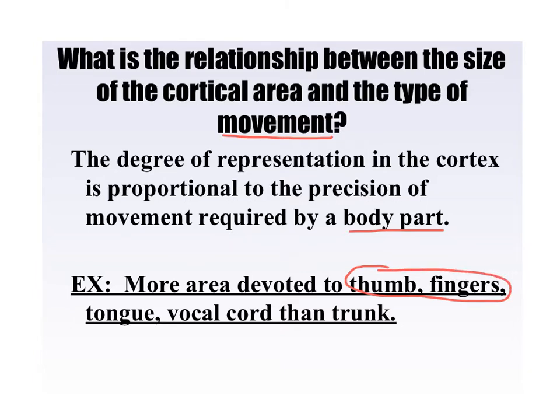It's going to be a large part of the primary motor cortex because these require precise movements. So as I'm writing this, if I'm going to write my name or sign my name, that takes precise movements. I could not do that with my feet. So, any parts of your body that need really precise movements, that's going to have a large area of the primary motor cortex.